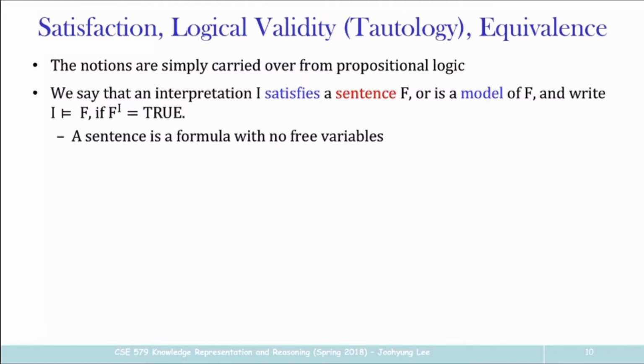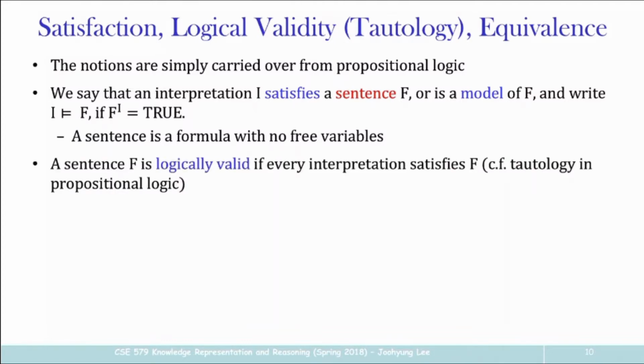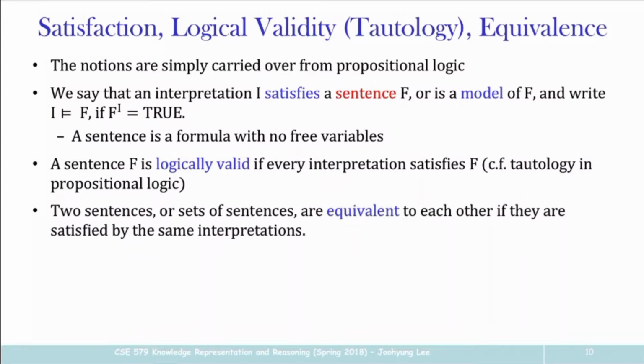I satisfies a sentence F, or also called I is a model of F, if F is evaluated true under that interpretation. A sentence is logically valid if all interpretations satisfy the formula. And two sentences are equivalent if they are satisfied by the same interpretations.